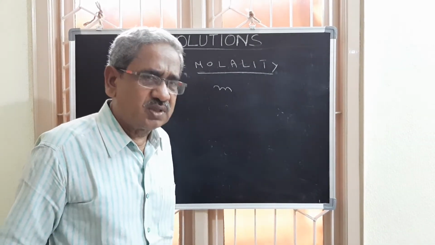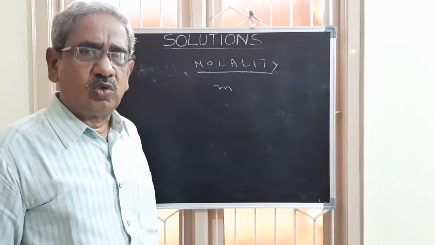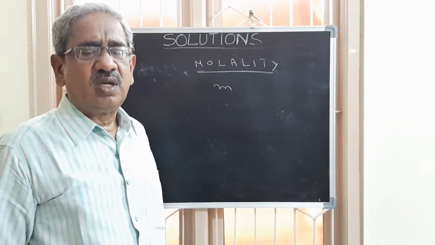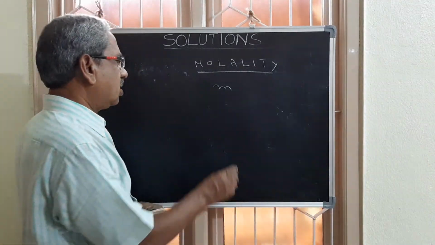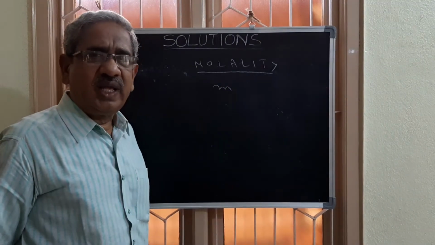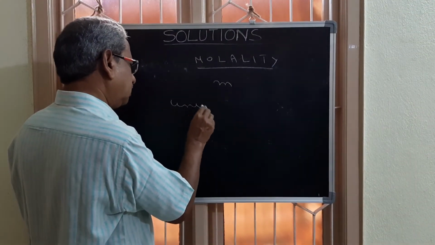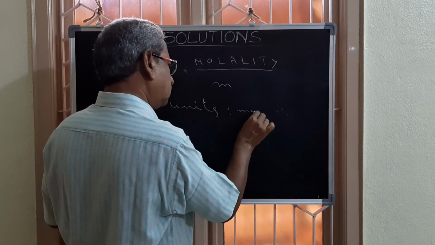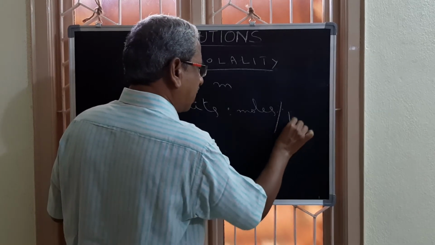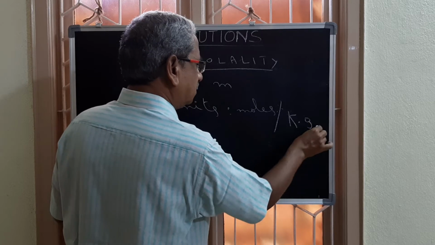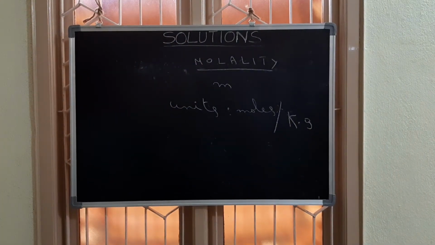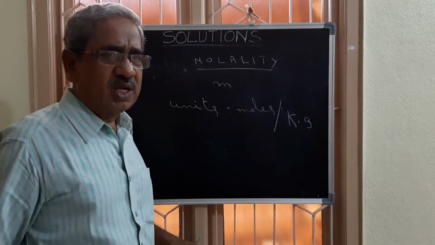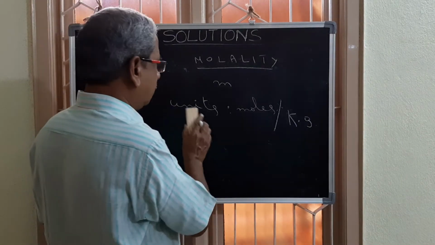Therefore, the units of molality are moles per kg.